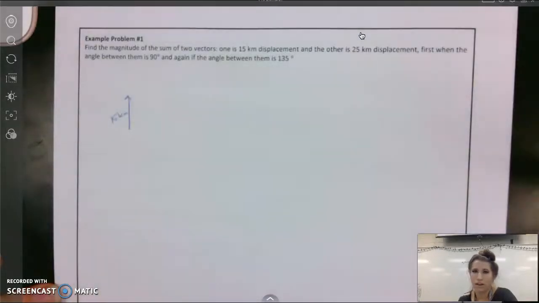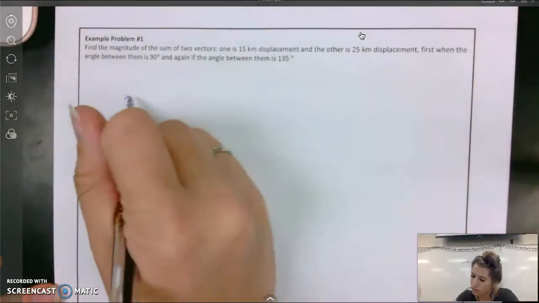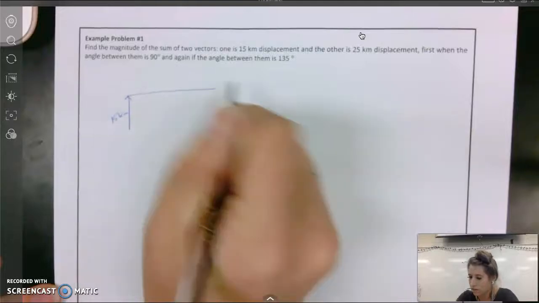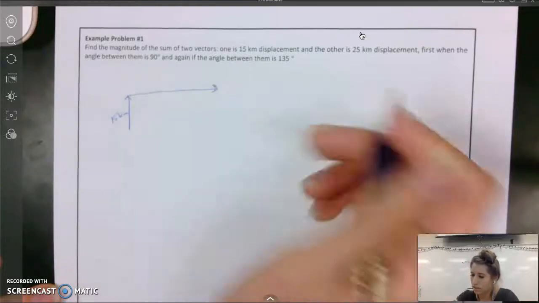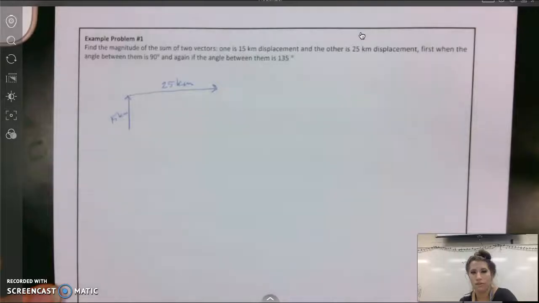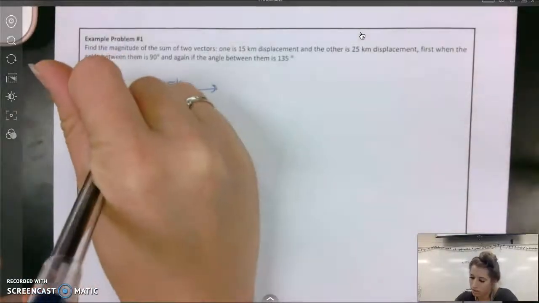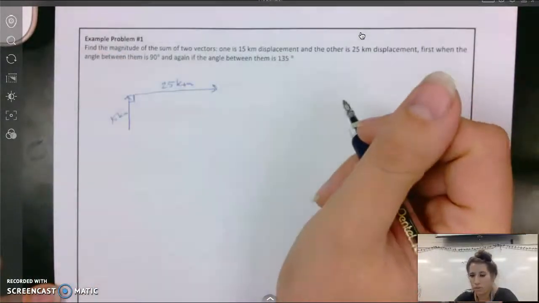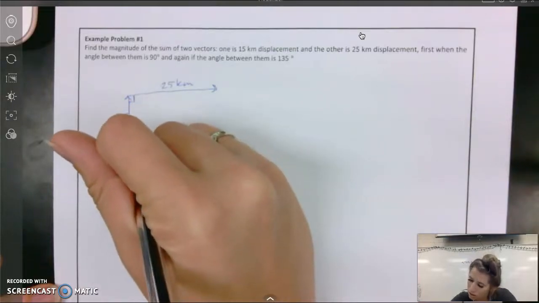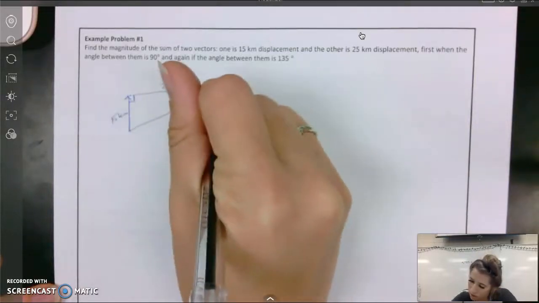kilometers. Okay, and then please be careful with scale. If I've said that that's 15 kilometers and then we're dealing with 25, here's 25 kilometers. Okay, we have our right angle, and our resultant would be from the tail of the first to the tip of the second.